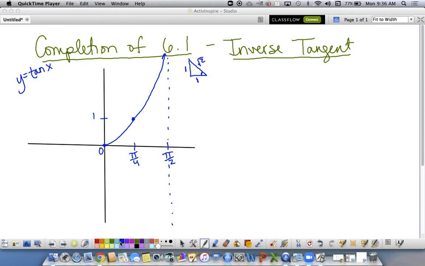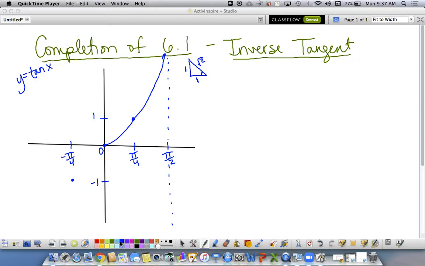And then we went ahead and went past 90 degrees, but I think we also went backwards. We went left. What happens at negative pi over 4 or negative 45 degrees? Well, we're in the fourth quadrant, right? Then tangent has to be negative. Tan 45 is still 1, but we're negative, so we would be at negative 1.